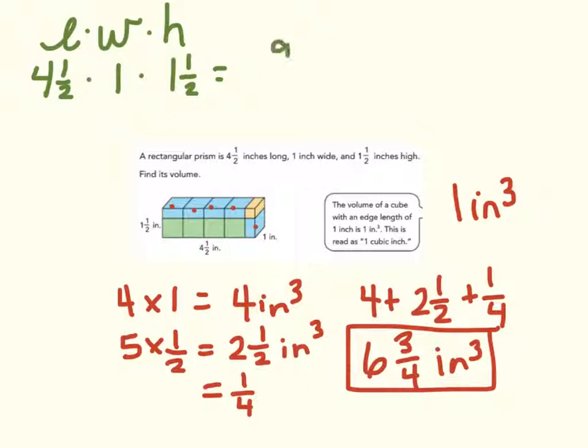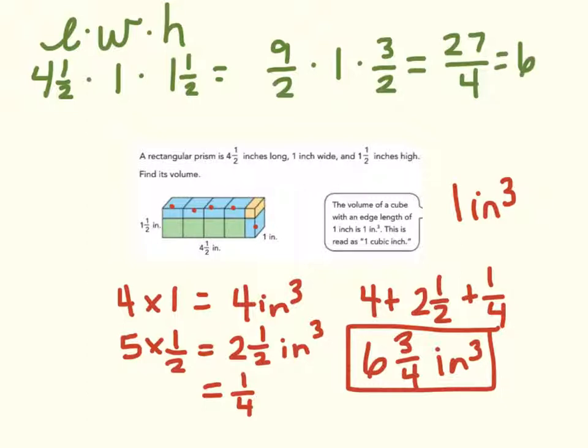So that gives us 9/2 times 1 times 3/2, which will give us 9 times 3 is 27/4. 4 goes into 27 6 times, remainder 3/4. And there we go. Using the formula, we got the exact same answer. The volume of the rectangular prism is 6 3/4 inches cubed.